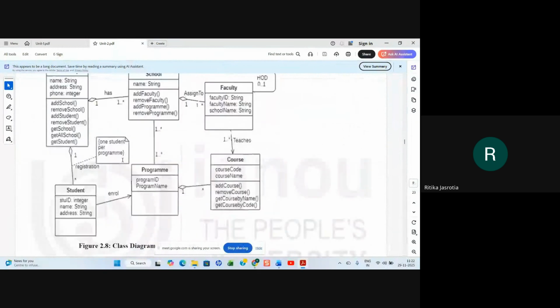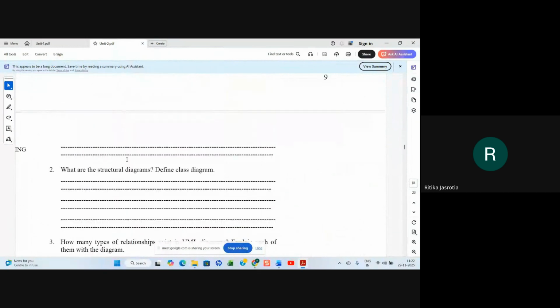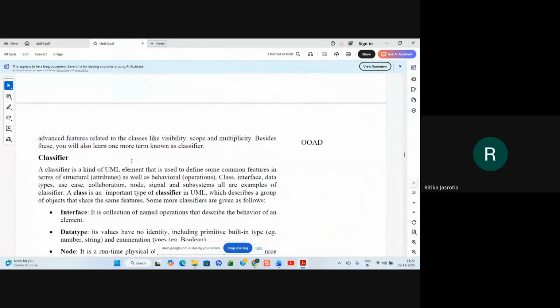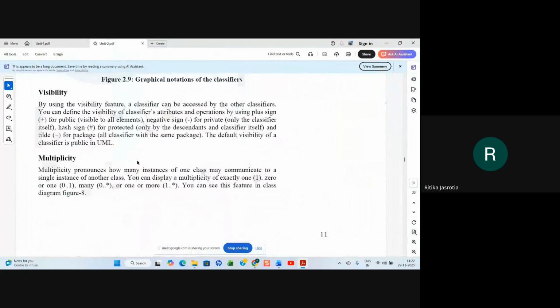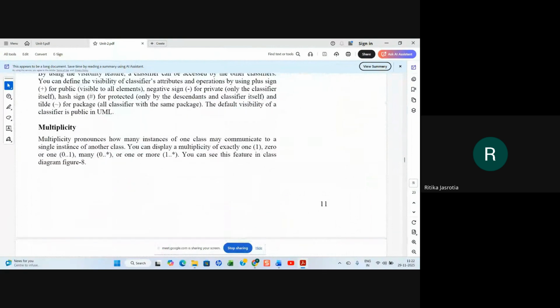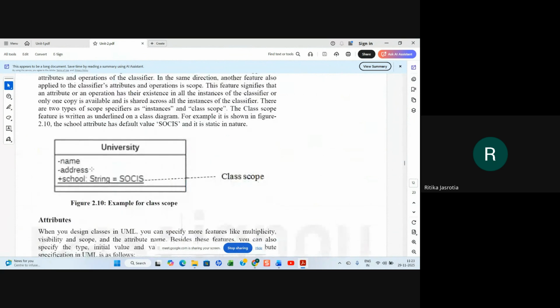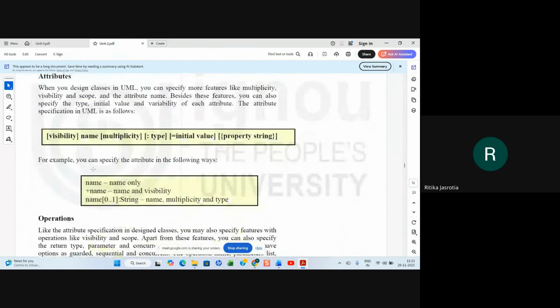So I'm just seeing if they have given you multiplicity. Here multiplicity is given. Multiplicity pronounces how many instances of one class may communicate to a single instance of another class. So you can have a multiplicity of exactly one, zero or one, many, or one or more, and you can see this feature in the diagram, right?